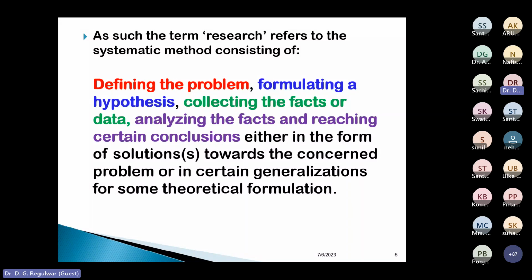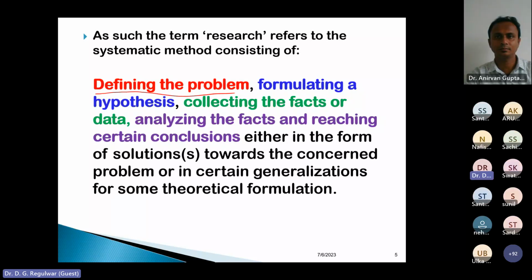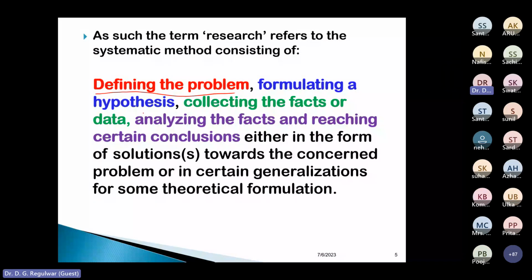Research refers to the systematic method consisting of first defining the research problem, formulating a hypothesis, then collecting the facts or data, analyzing the facts, and reaching certain conclusions. These conclusions are either in the form of solutions towards the concerned problem or certain generalization for some theoretical formulation. So this is nothing but the research.